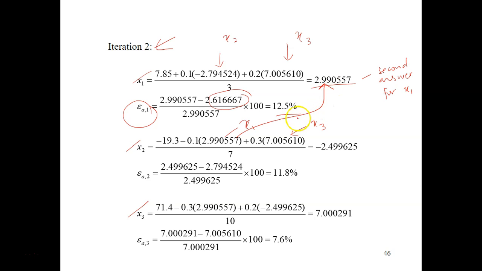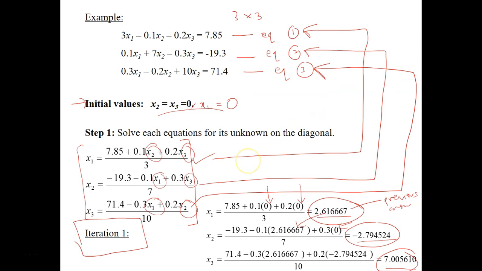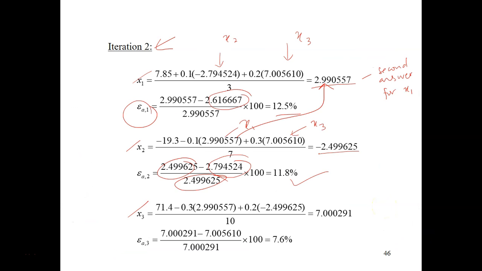This value will be substituted here, and this remains the value calculated in the previous iteration. So you will get this answer for x2. And again, you can calculate your EA, your current minus your previous divided by your current. This one comes from this previous answer. Alright, next, you get 11.8%.